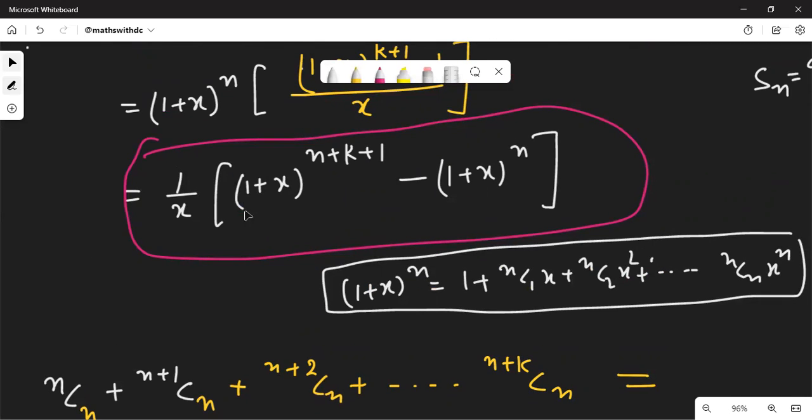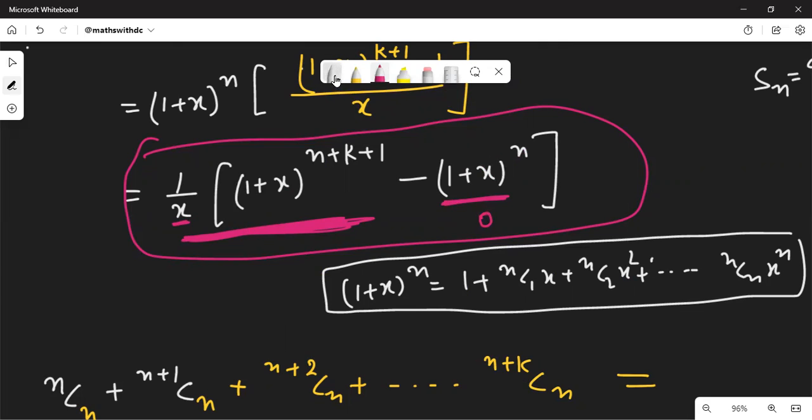Can you find the coefficient of x to power n in this first term? To find x to power n, you will have to find x to power n plus 1, because you have to later divide it by x also. Same here. You will have to find the coefficient of x to power n plus 1. But in this, because the maximum power of x would be n, you will not get x to power n plus 1. From here, you will get 0.